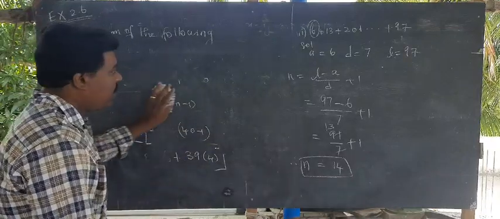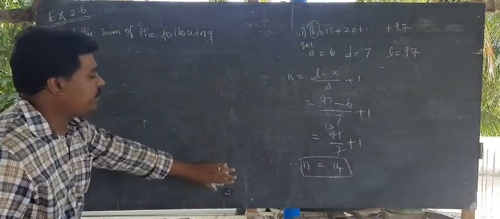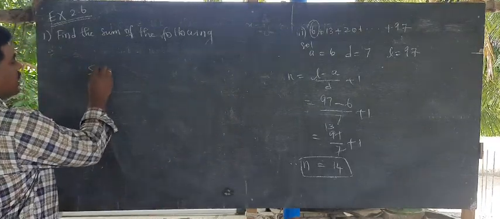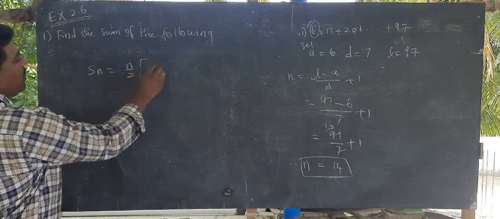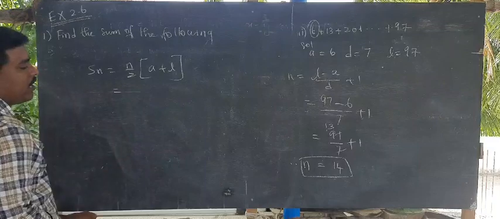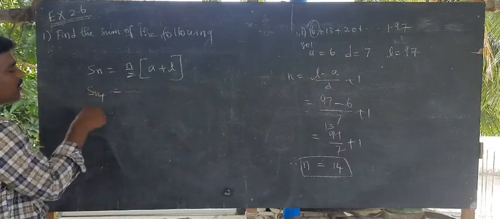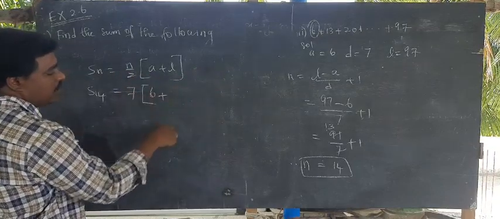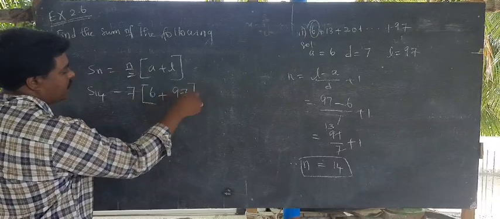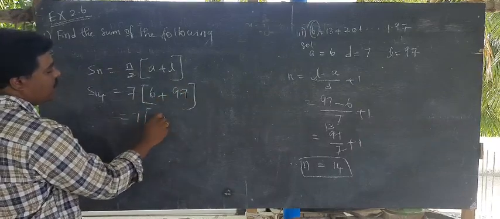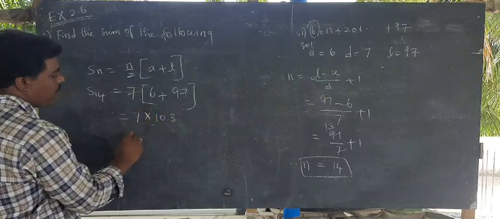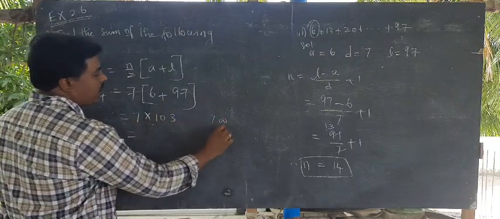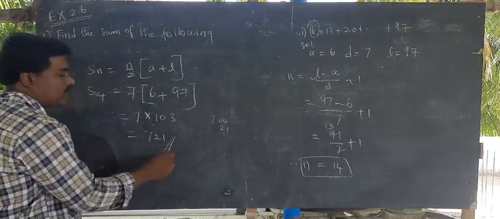Now we need to find the sum. Since we have a and L, we straightly write n by 2 into a plus L. n equals 14, so 14 by 2 is 7, a equals 6, L equals 97. 7 into 103: 100 into 7 is 700, 3 into 7 is 21, so 721 is the answer for the sum.